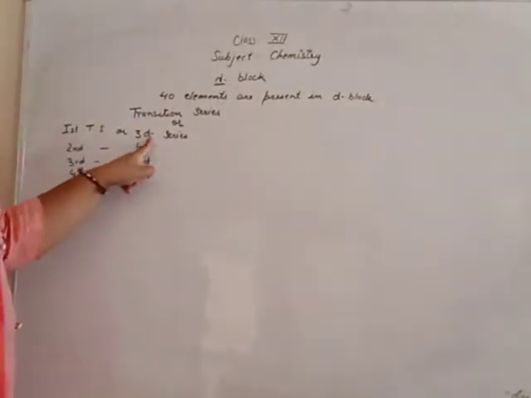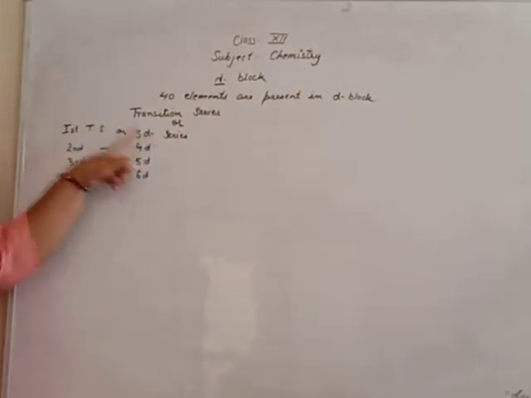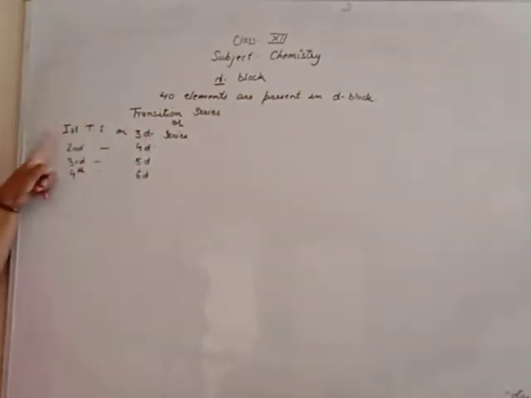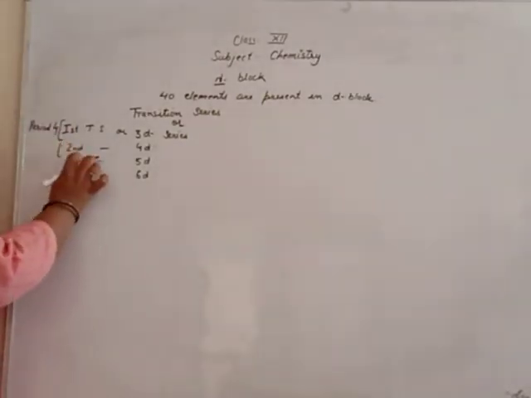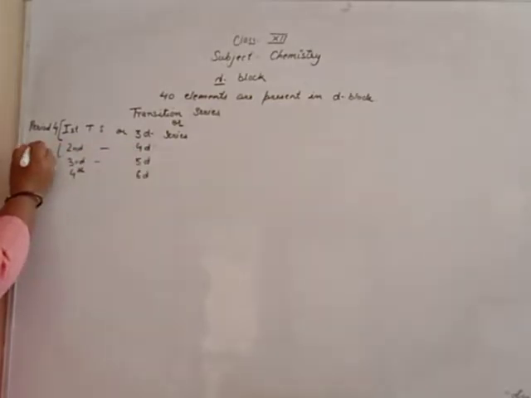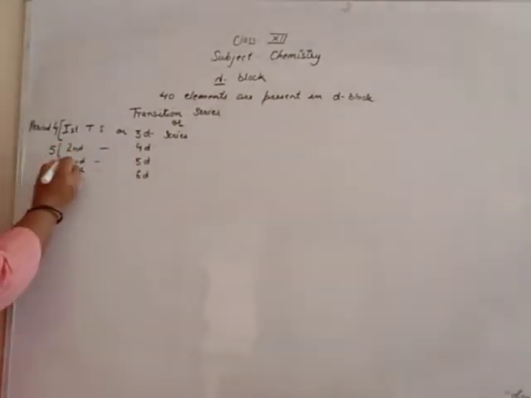The 3d series, or first transition series, will be present in period 4, because the outermost shell is the 4th. The second transition series, or 4d series, is present in period 5, then period 6 and period 7.